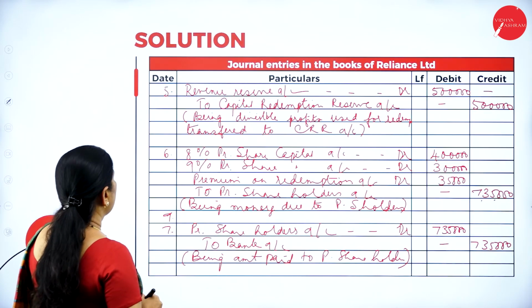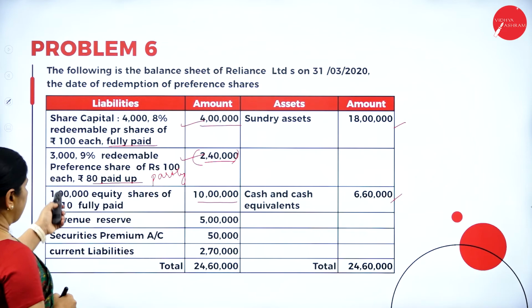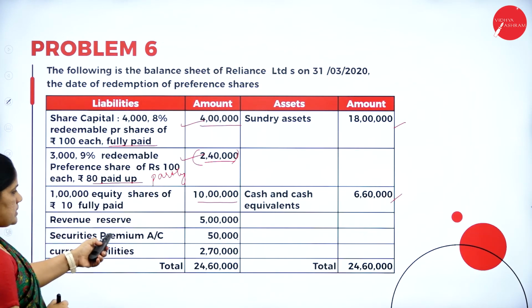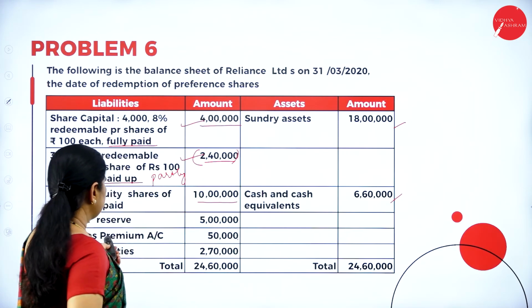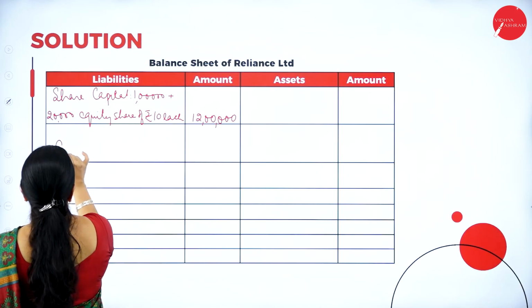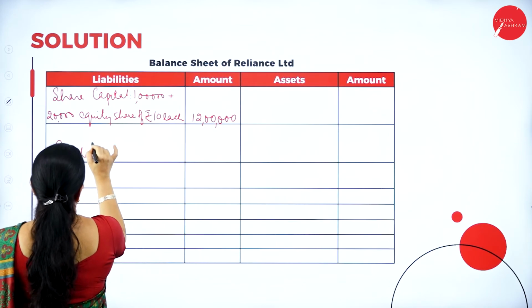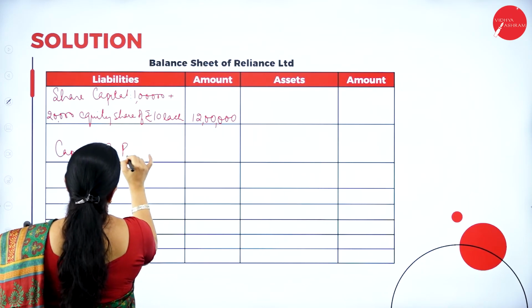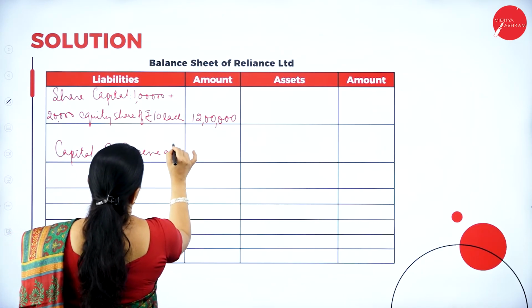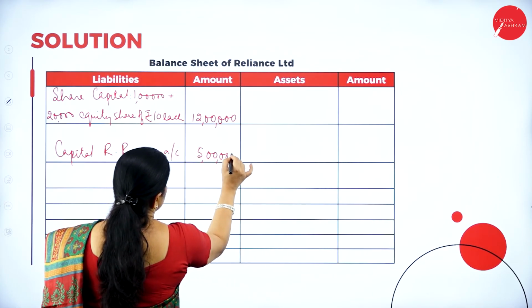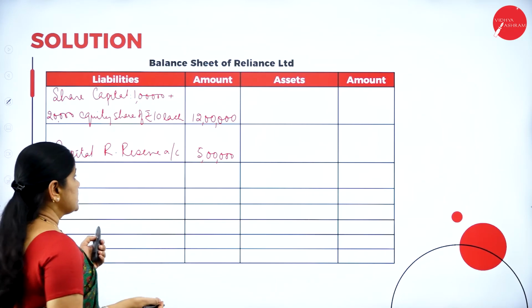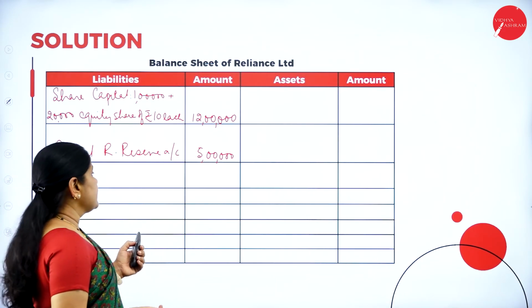Now the next one, revenue reserve is not there. We will have capital redemption reserve account 5 lakhs. So the revenue reserve has been nil because it is transferred to capital redemption reserve.